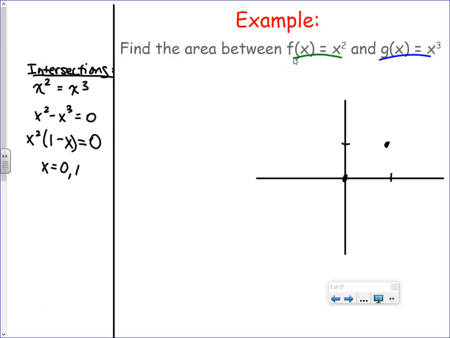Well, I guess the cubic one... Oh, the cubic one's supposed to be blue. I guess the cubic one goes that way. And what else goes that way? Who ends up growing faster? The cubic, right?